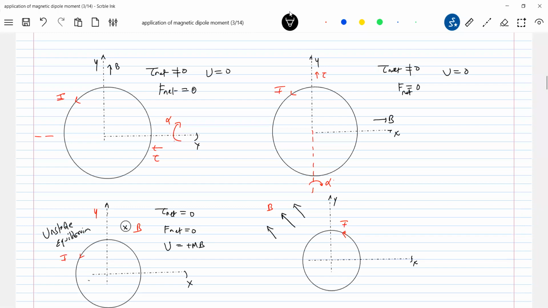Slightly rotate it about the x or y axis. So what will happen? The dipole moment will try to align in the direction of B bar. A restoring torque will be set up. The restoring torque will make the dipole moment align along B bar. These are the basic conditions.